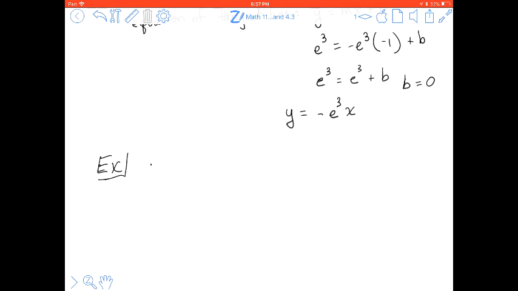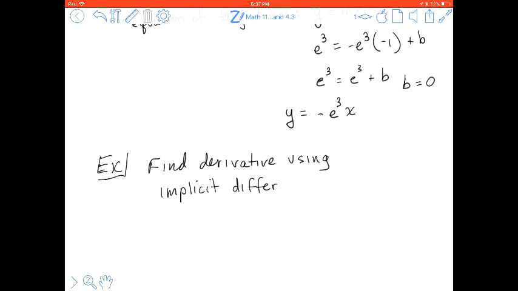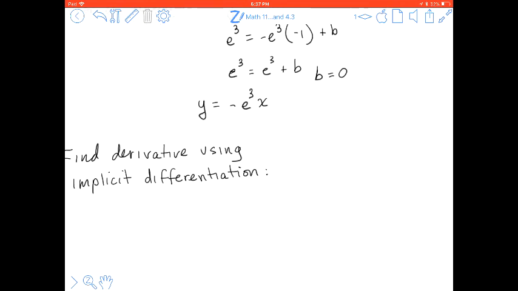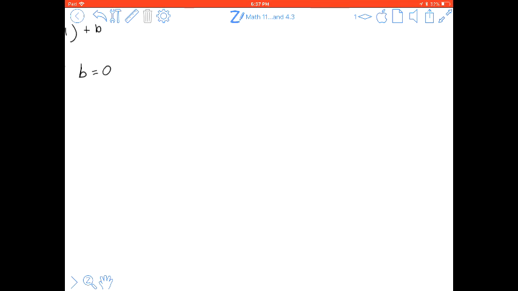So find the derivative using implicit differentiation. Now, just in case you've forgotten, let me come over here.